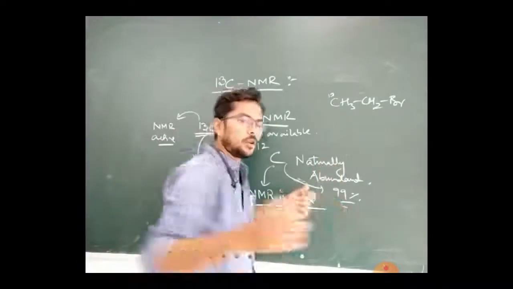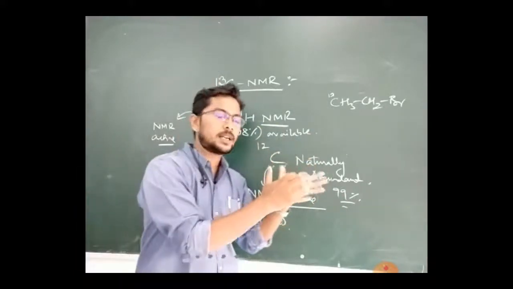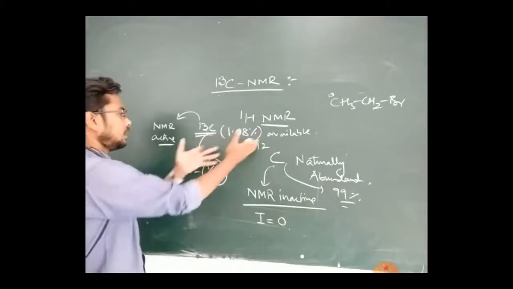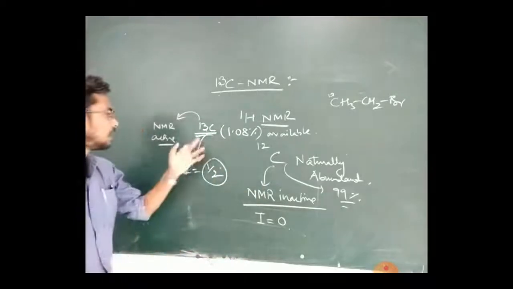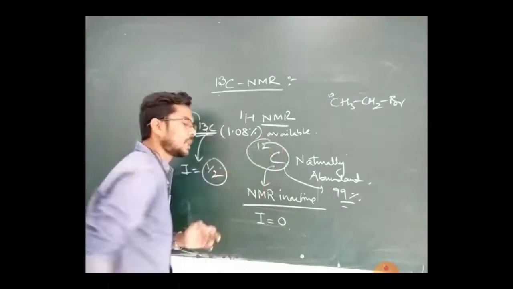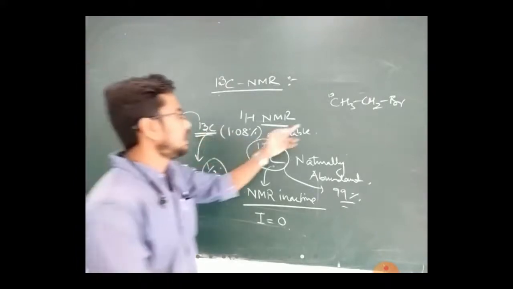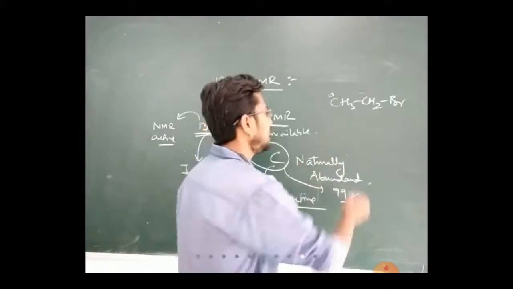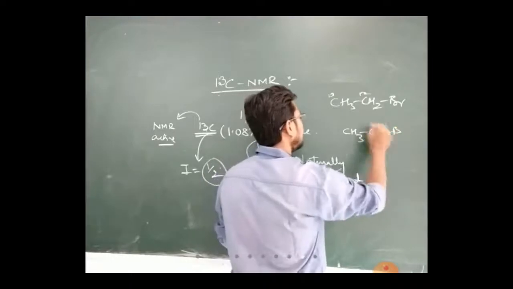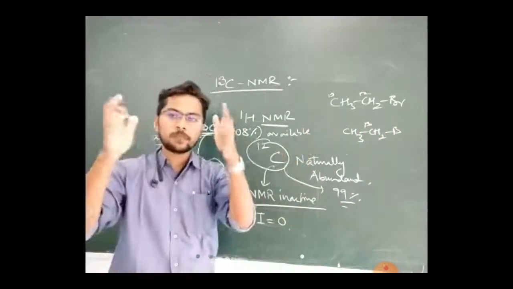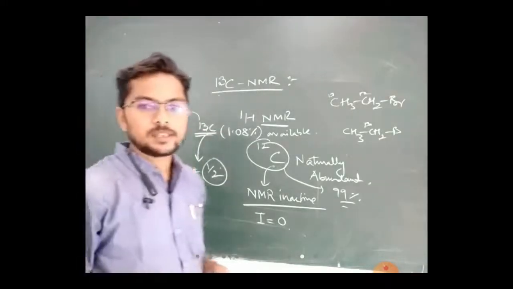If there are lots of molecules of ethyl bromide, most of the carbon, 99%, is carbon 12, which is NMR inactive, and only 1% is carbon 13. In one molecule this carbon will be carbon 13 and that one 12, in another molecule the other will be carbon 13. Whichever molecule has that particular carbon as carbon 13 will give your signal.